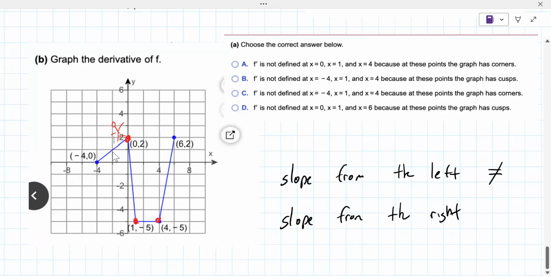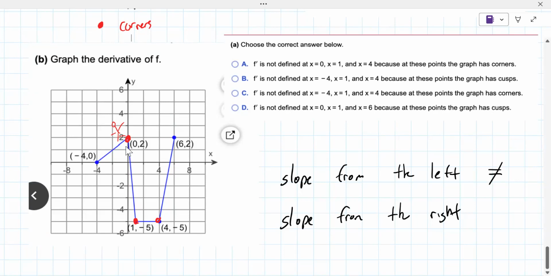These corners, the slopes are different on each side. It's not smooth. Imagine a roller coaster, you'd fly off, or if you're building a sidewalk, not good.